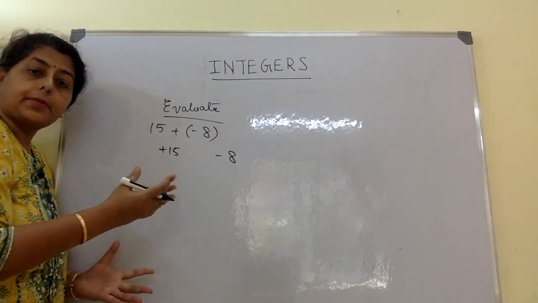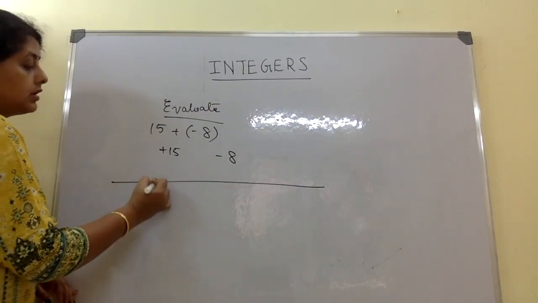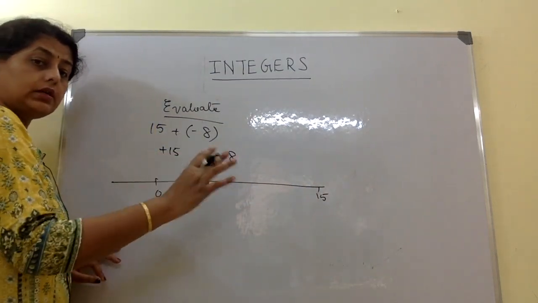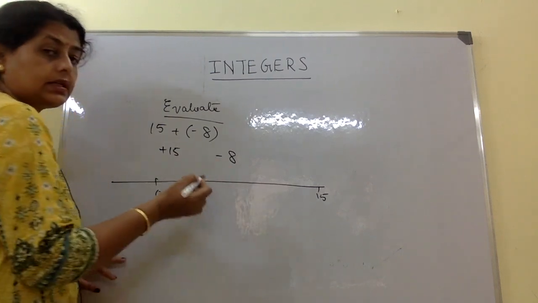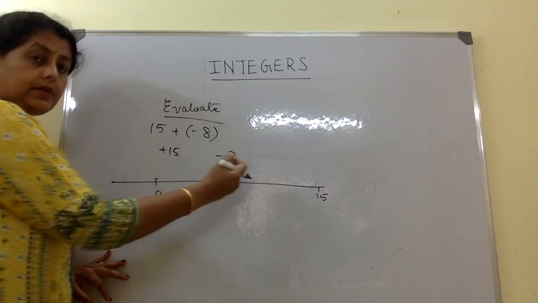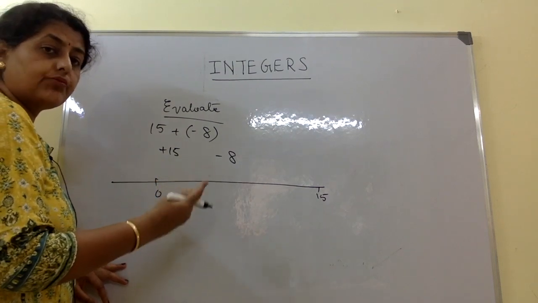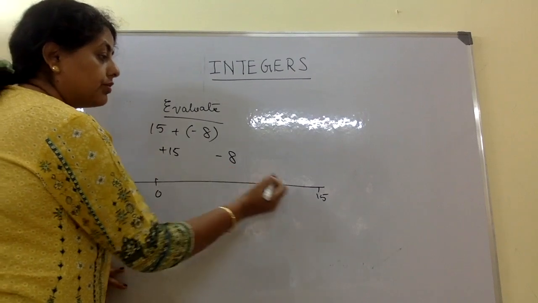In the number line we have 15 over here. Whenever anything comes with a minus sign, we have to go to the left of the number line. Whenever anything comes with a plus, we will go to the right of the number line. That is the rule. So now we will go to the left.